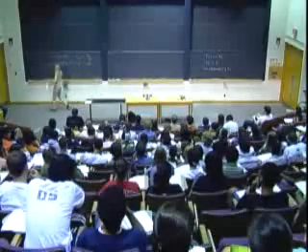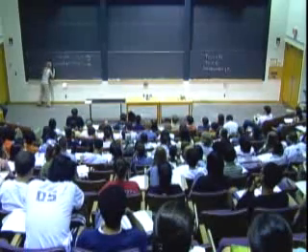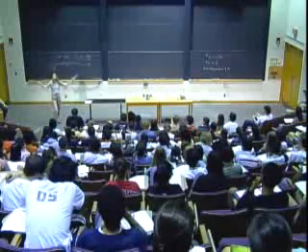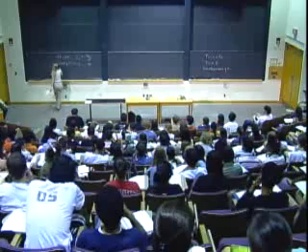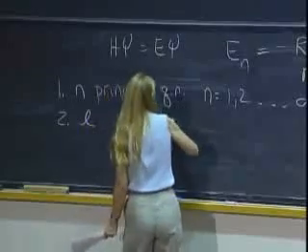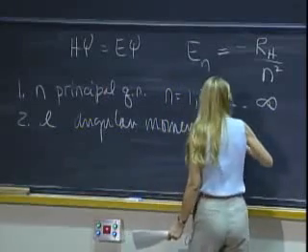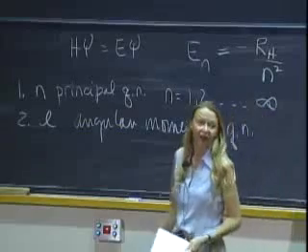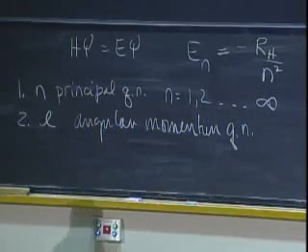And so when we do that, we get a new quantum number called L. And L is, I think you already know, the angular momentum quantum number. It's called the angular momentum quantum number because it indeed dictates how much angular momentum the electron has. Okay?